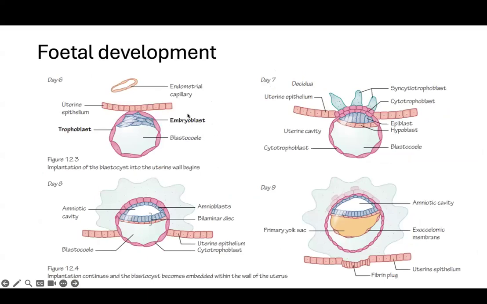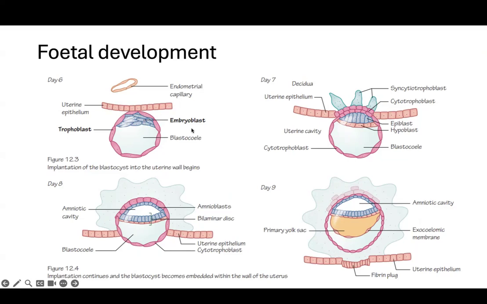Now, in terms of the development of the fetus itself, as I was saying, you differentiate into the different embryological cells, and this is just highlighting some of these layers. The trophoblast is the outer layer, and this is the one which gets attached to the uterine epithelium in the uterus itself. So this is implantation, one of the first bits of the embryo which gets implanted.